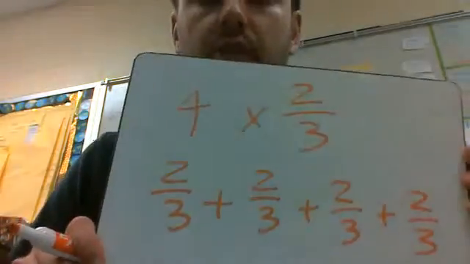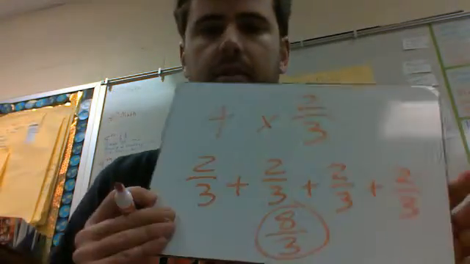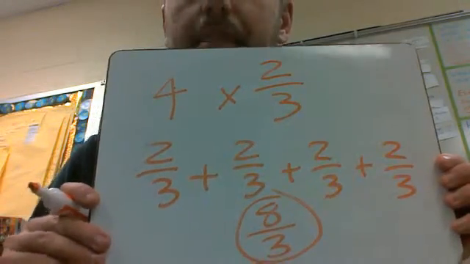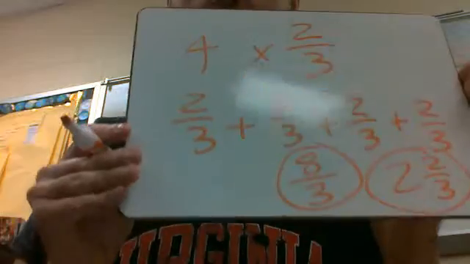So at this point, you've probably written out 2/3 plus 2/3 plus 2/3 plus 2/3, or 4 groups of 2/3, which is the same thing as 8/3 when we add them all up. Or if we simplify that, 2 and 2/3.